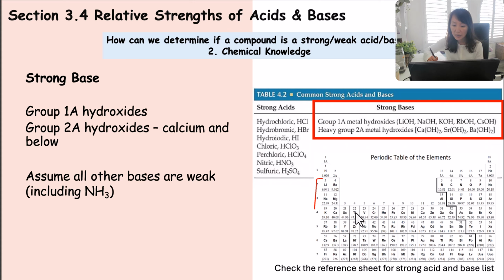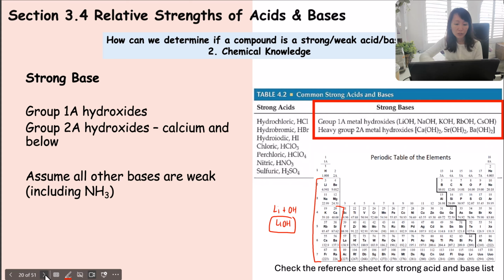All of these, all the way down, will have the metal plus the hydroxide, like lithium hydroxide, so something like this would be a strong base. And from calcium all the way down, these with hydroxide would be considered a strong base. Everything else, you're going to assume is weak, including NH3, which is a weak base.